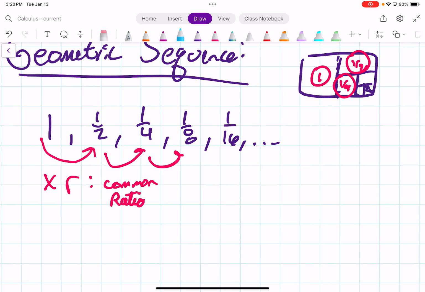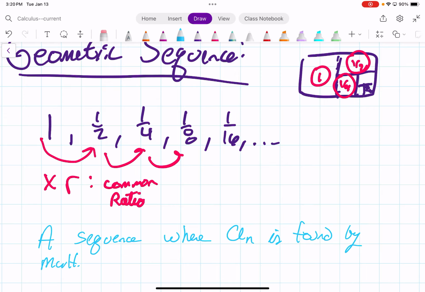So I might say this, so it's a sequence where a sub n is found by multiplying a sub n minus 1 by a common ratio.